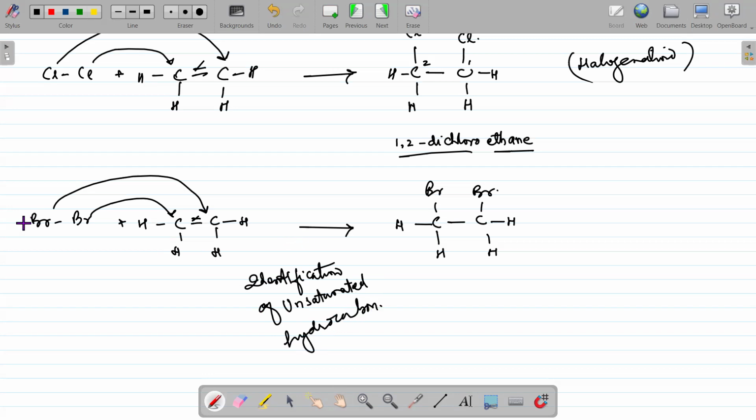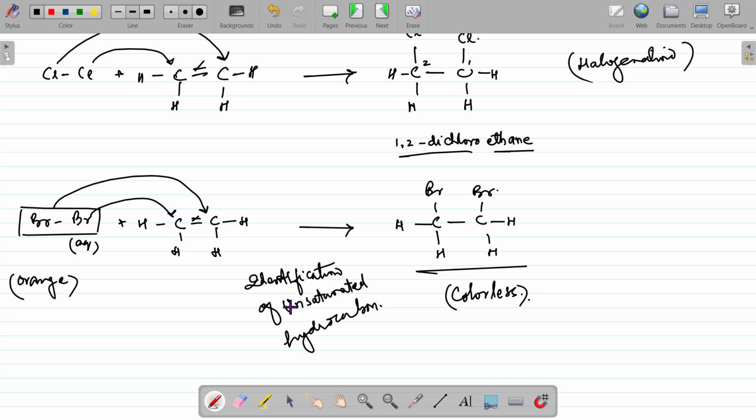Why? Because when we use bromine, which is aqueous bromine, it has a specific color, which is orange. So the orange color of bromine, when it reacts with a compound like ethene which has a double bond, after addition, the product which is formed is colorless.